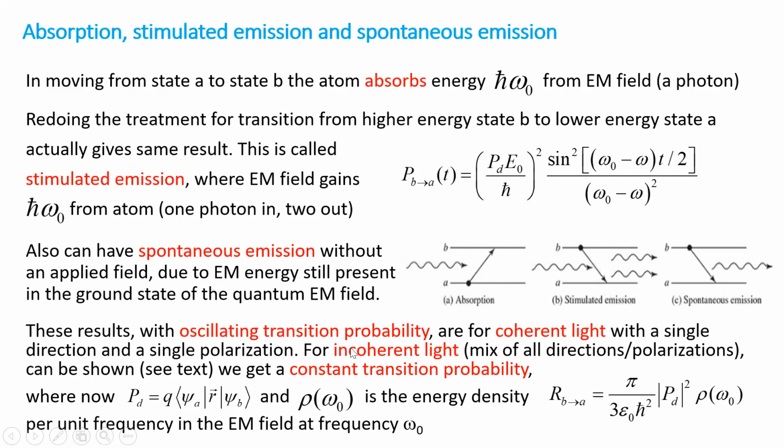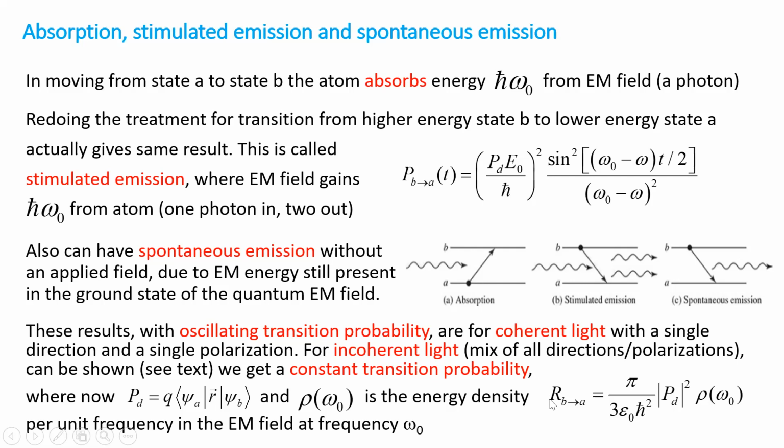For the more common case of incoherent light, or a mix of all directions and polarizations, it can be shown, and see the text for this because it's several pages of derivations, that instead of an oscillating transition probability, we get a constant transition probability.